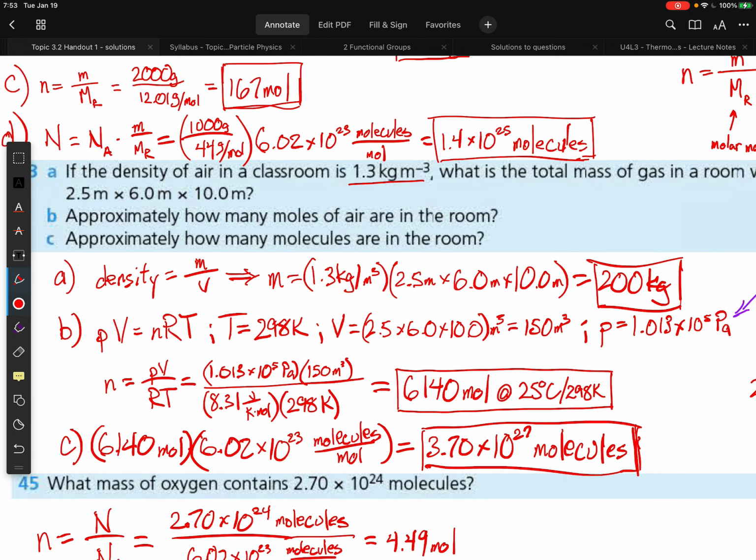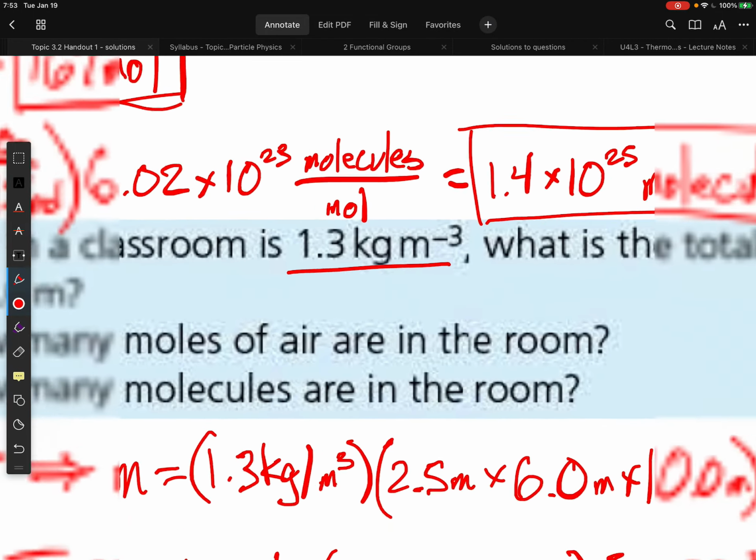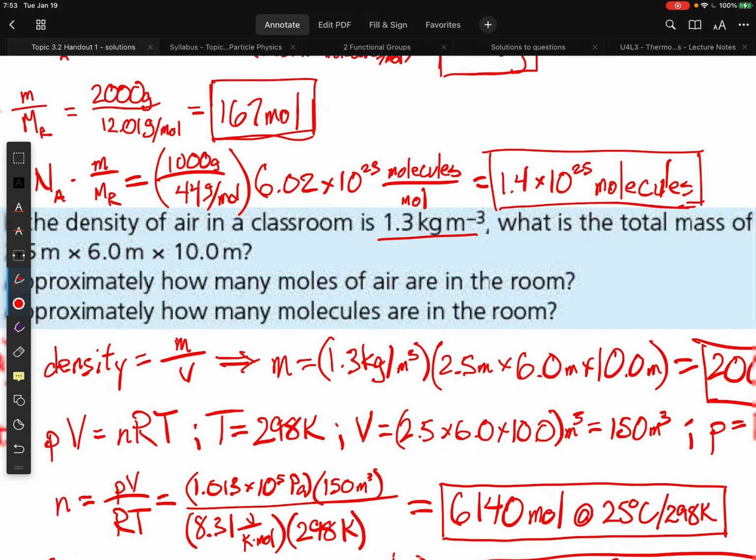Now, for part B, we have a couple of possible approaches here, including potentially looking at the molar mass of air. I've taken a slightly different approach, and what I found is that my answer here does not agree with the textbook. The reason for that is because this density of air is for quite a cold classroom.